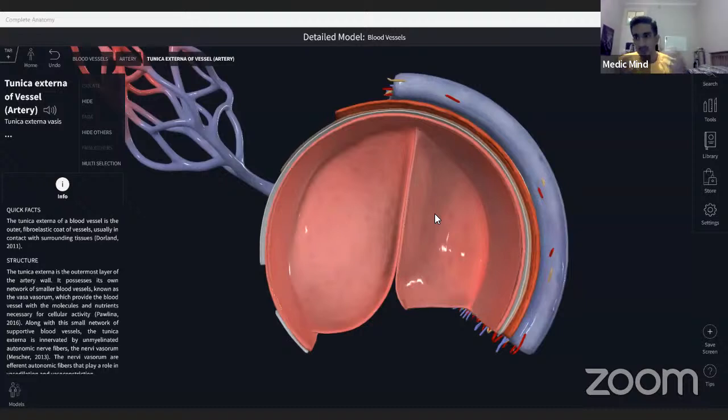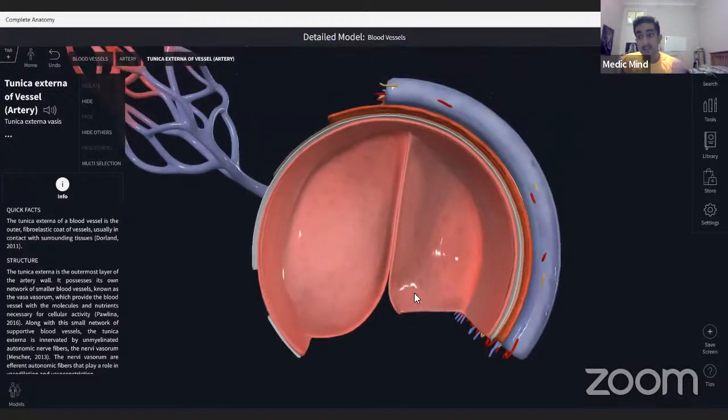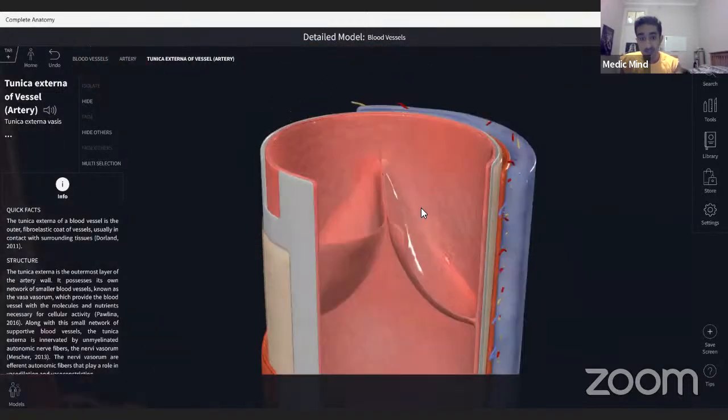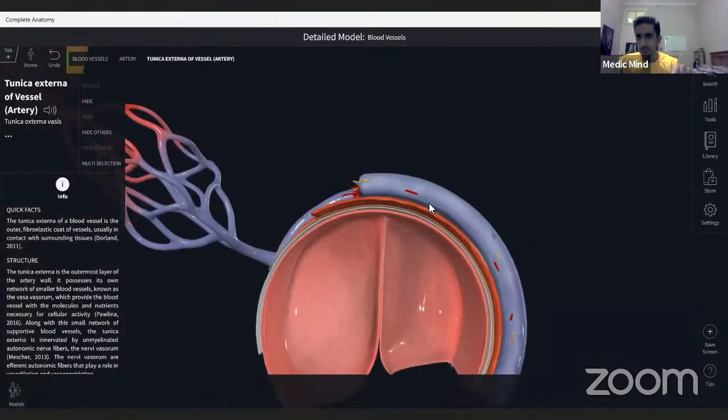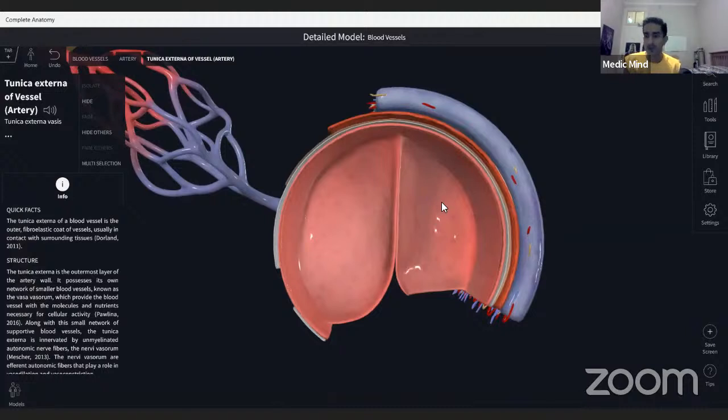Your veins, the blood is flowing slowly. It's not got a lot of pressure to it, which means that the function of the vein is to bring as much blood back as quickly, but also to stop blood flowing the other direction. If you imagine that there are veins in your legs that are having to work against gravity as well. So it's very challenging for veins to bring blood back to the heart.